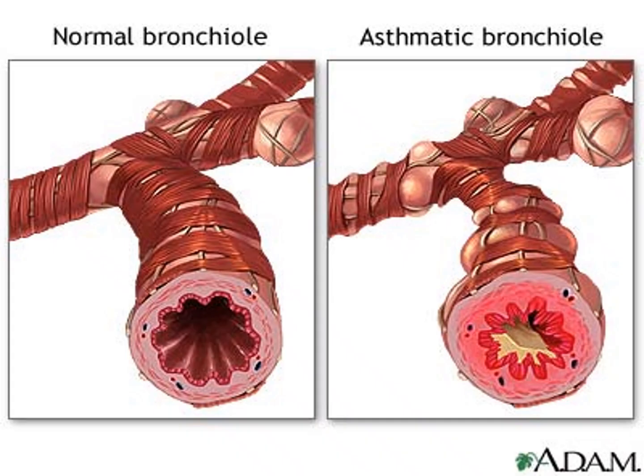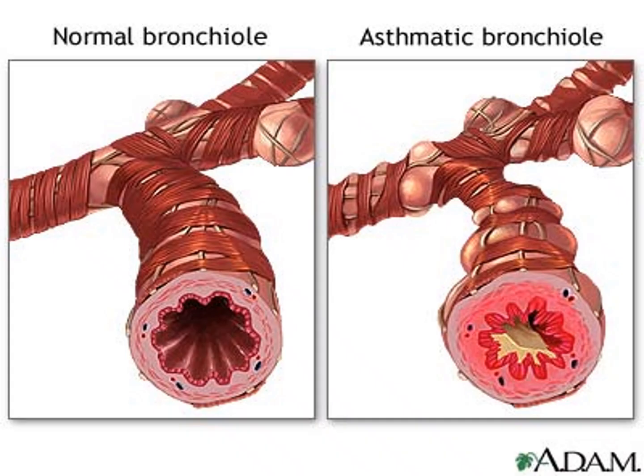Now, if you take a look at the pictures that you see here, on the left-hand side we can see a normal bronchiole, and you can see the overall diameter of the inner lumen, and there is plenty of room for air to move freely in and out of the bronchiole.